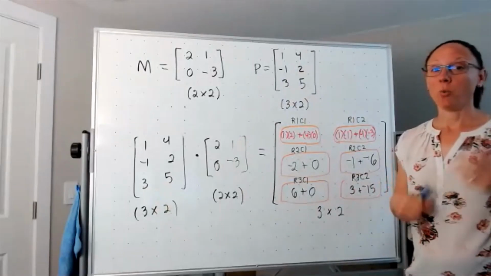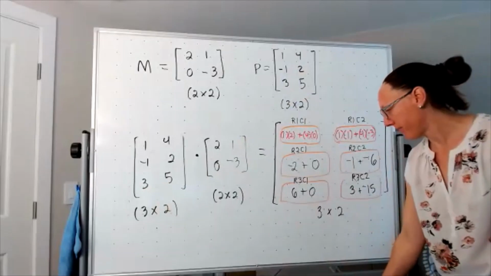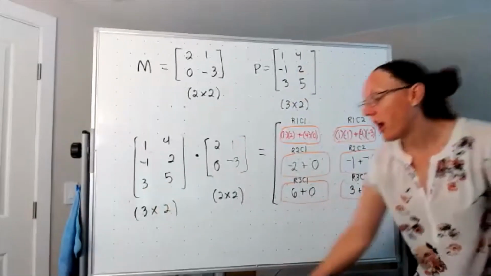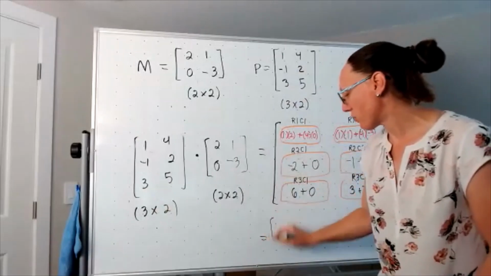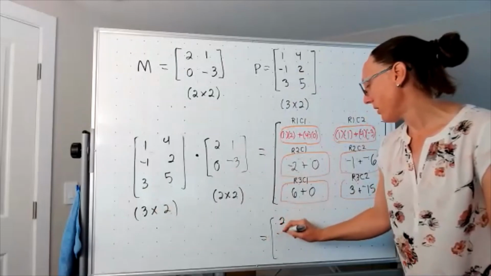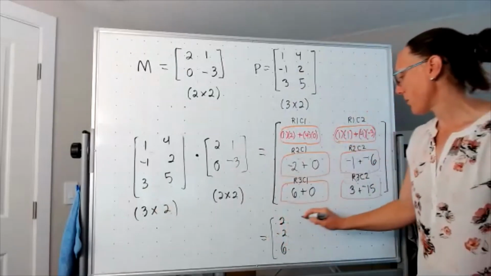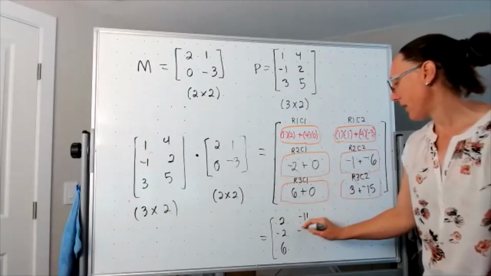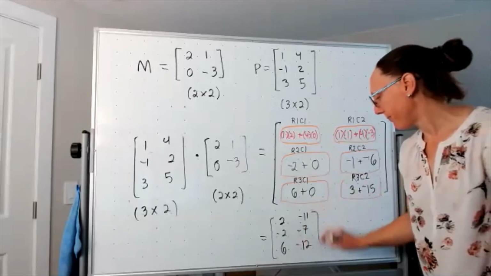And again, once you've done a bunch of these, you can do all of that arithmetic in your head, and you would not have to show work for this. You could just jump straight to a final answer that looked like 2, -2, 6, -11, -7, -12.